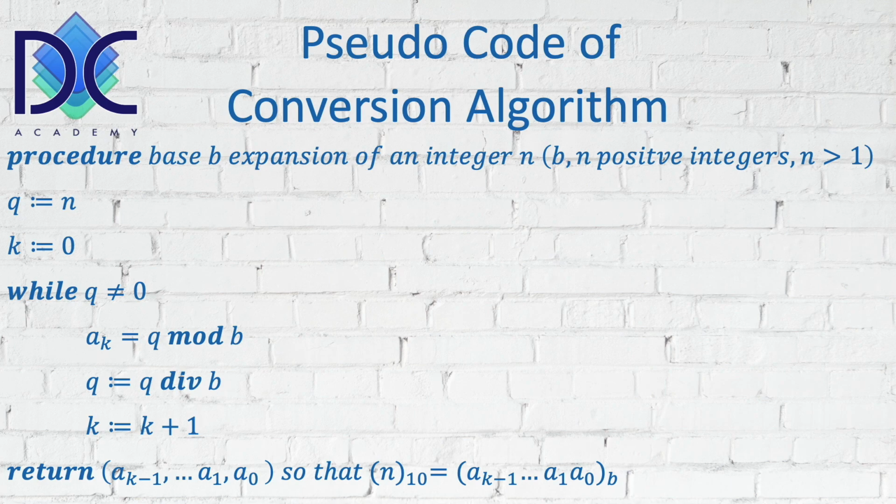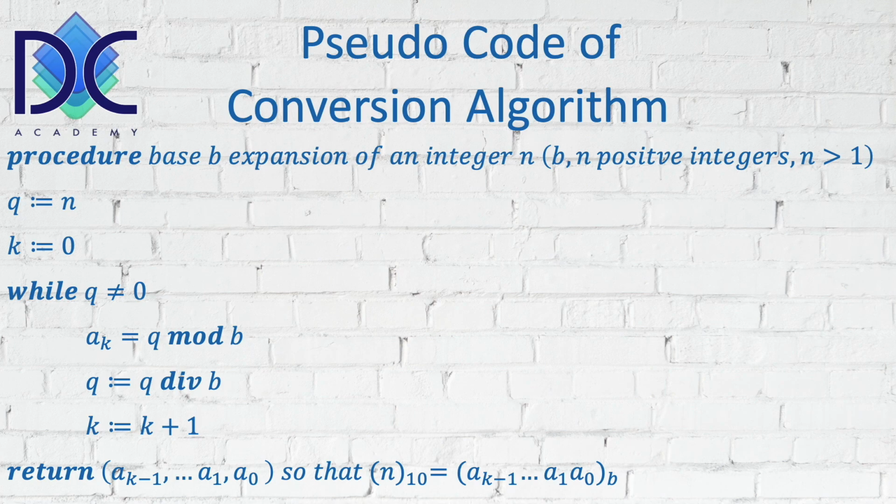We continue until we find that q is equal to 0, and we find a set of parameters a_{k-1}, ..., a1, a0, and we can say that the base b expansion of the decimal number n is a_{k-1} up to a1, a0.